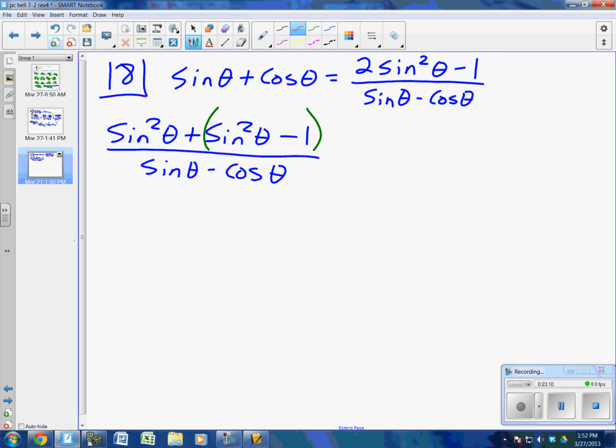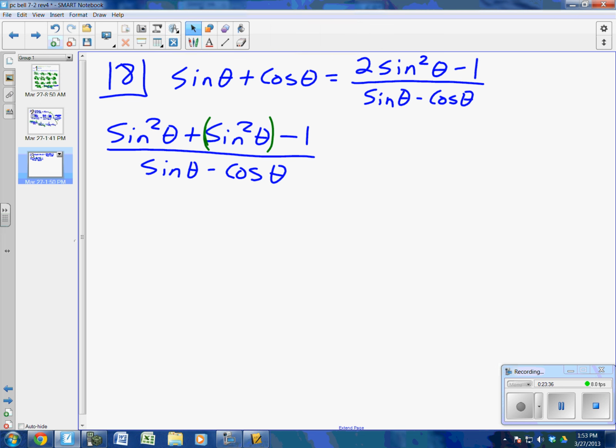Okay, so what I'm going to do is replace sine squared of theta with 1 minus the cosine squared of theta because that's what it is. And then this will cancel out. Does that make sense? You're right. I just don't want to skip a step for these guys. So I'll put parentheses right here.